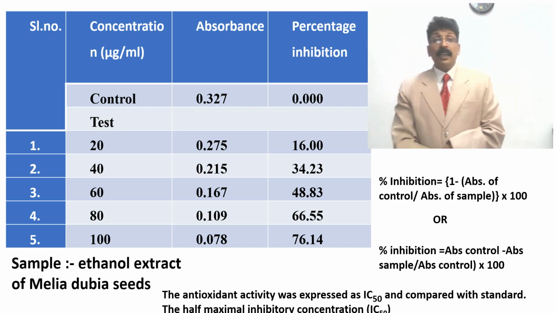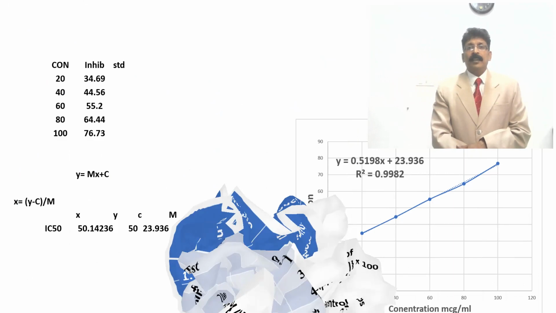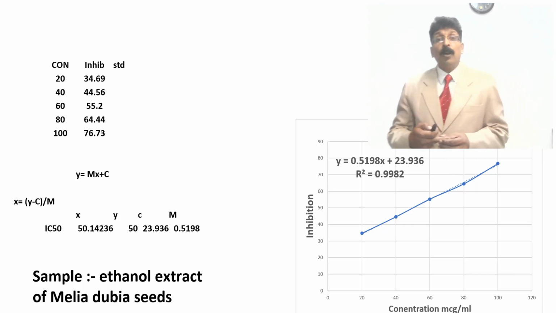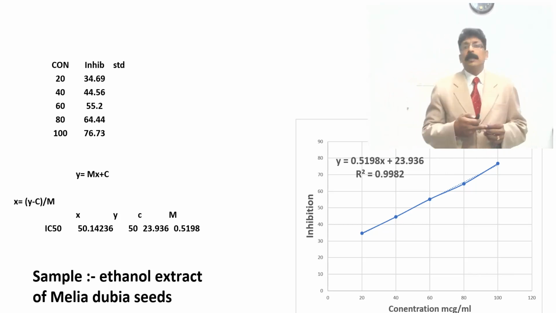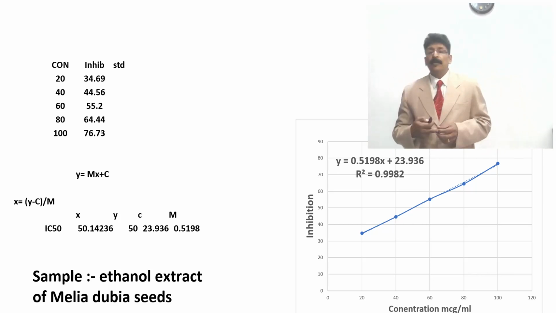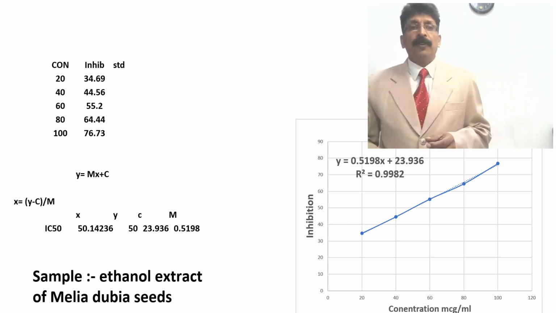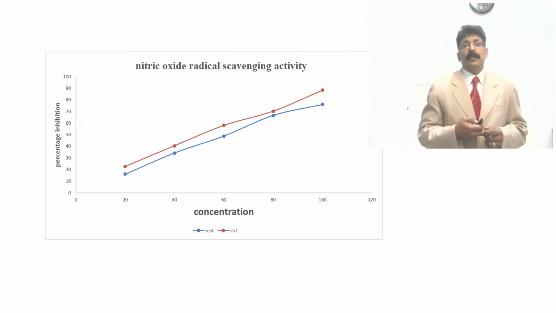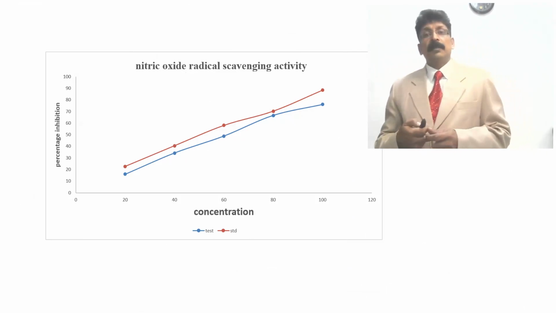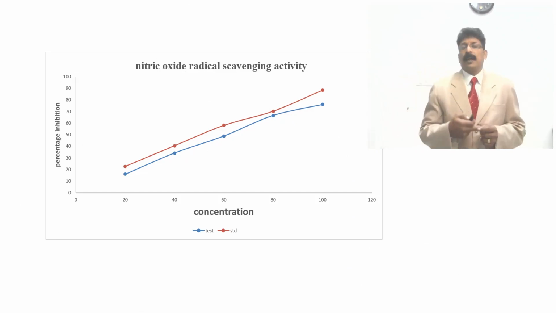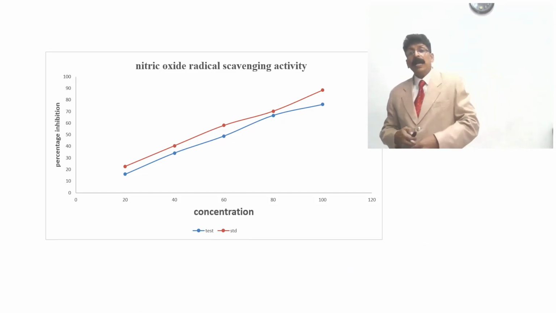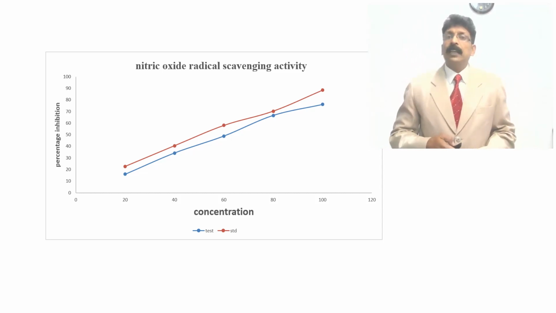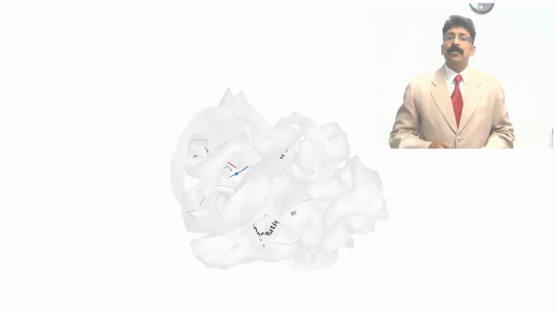For ethanol extract of Melia dubia seeds, we got the value 50.1423, a little less than the standard. The standard is 52. So you can see both of them have been compared. The IC50 value of the standard is a little higher, so the sample is giving a very good antioxidant effect, seed extract, when compared to the standard. It's a good sign of a natural extract which gives an antioxidant effect.